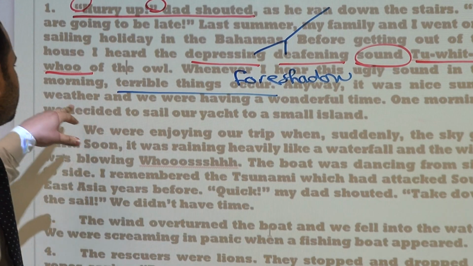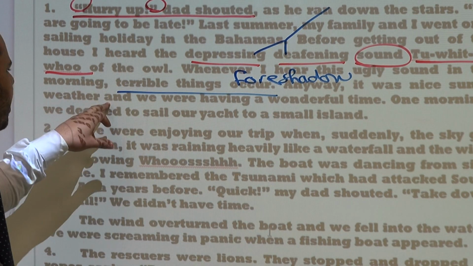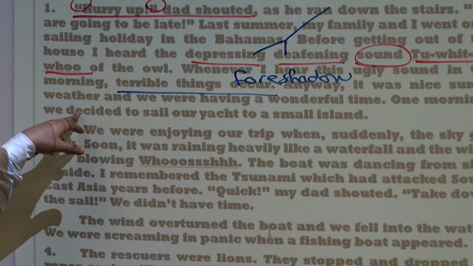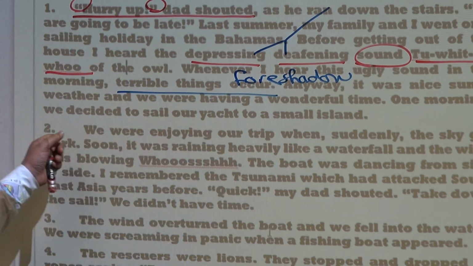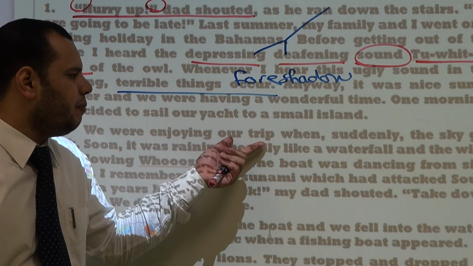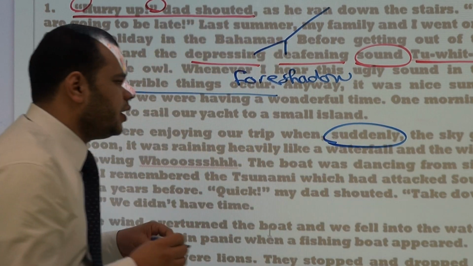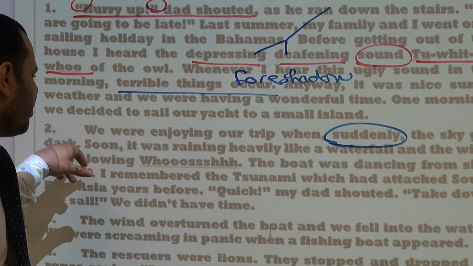Anyway, since it was nice sunny weather, and we were having a wonderful time, one morning we decided to sail our yacht to a small island. "We were enjoying our trip when suddenly" indicates that something not expected will happen. The sky got dark.